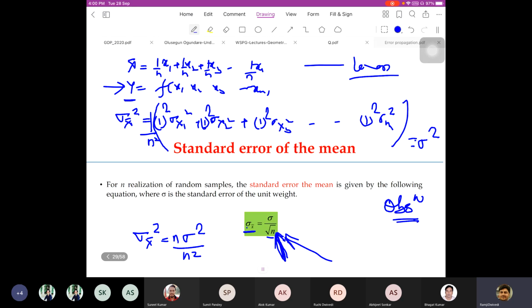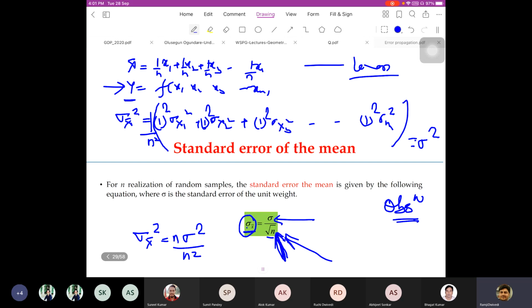That should be supported by individual observations having their own variation at the minimum level. So if observations are large in number as well as individually very precise, then only this sigma x bar is realistic, or it would be highly precise.